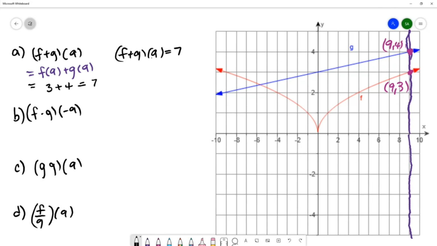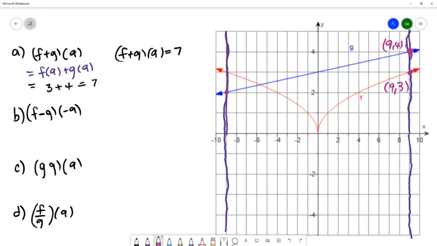So this is subtraction. We want to do the same thing with subtraction, and this one has a negative 9 instead of a positive 9. So let's identify that on the graph. I'm drawing a vertical line at negative 9 because these are all the ordered pairs that have an x of negative 9.